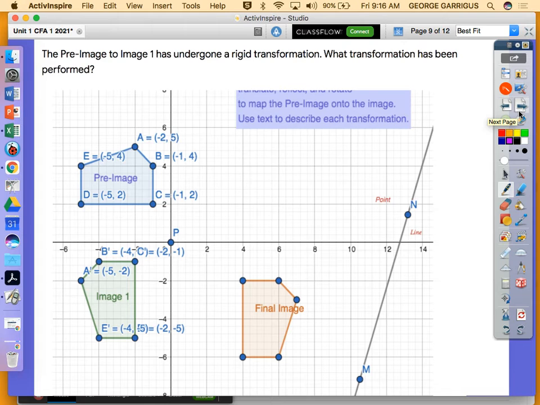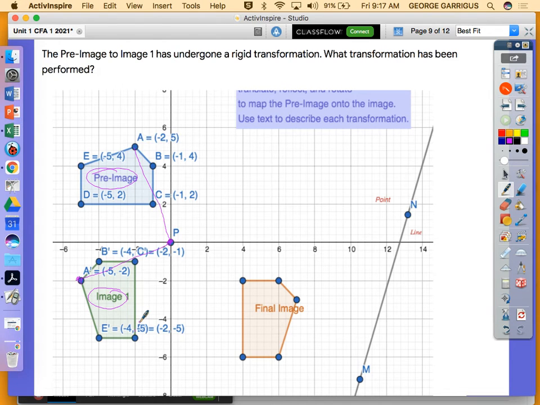The pre-image to image 1 has undergone a rigid transformation. Here's our pre-image and image 1. What transformation has been performed? It can't be a reflection, because if I reflected this, A prime would be over here.